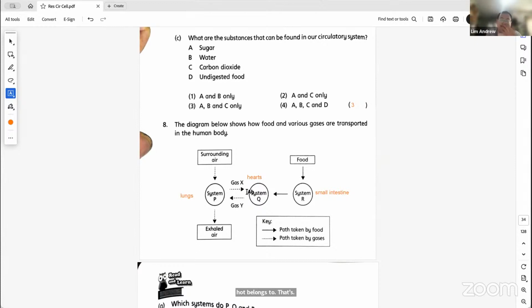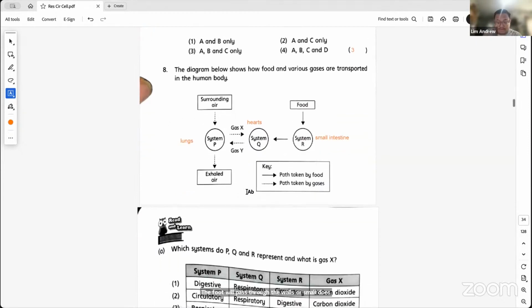Why? Because it carries useful materials such as oxygen and digested food to all body parts. And lastly, what is system R? System R is actually the digestive system, where the food will pass through the walls of the small intestine and flow into the bloodstream. All right.